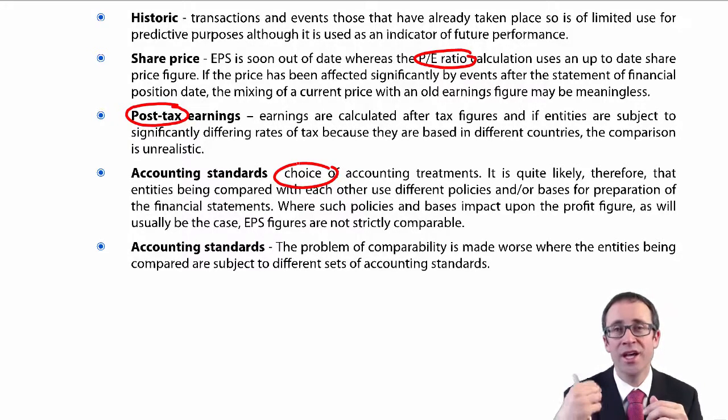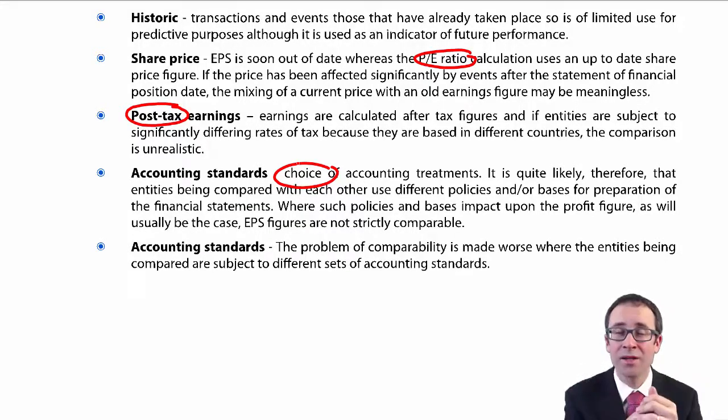And if your depreciation is higher, then your earnings will be lower. So if you're comparing the historic cost company to the revaluation model company, then your earnings per share under the revaluation model will possibly be lower, as we've got a higher depreciation charge. Okay, so again, a little bit less comparability.